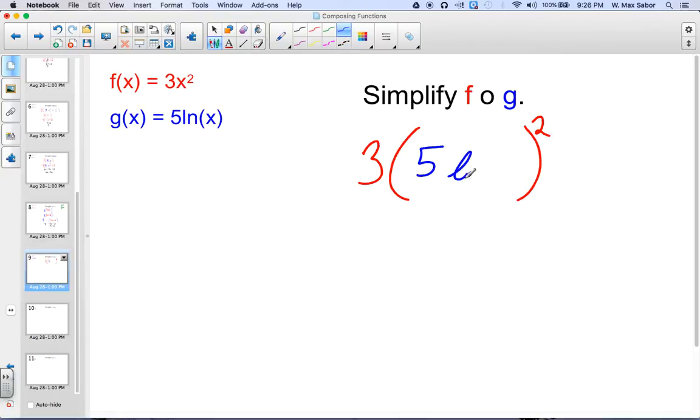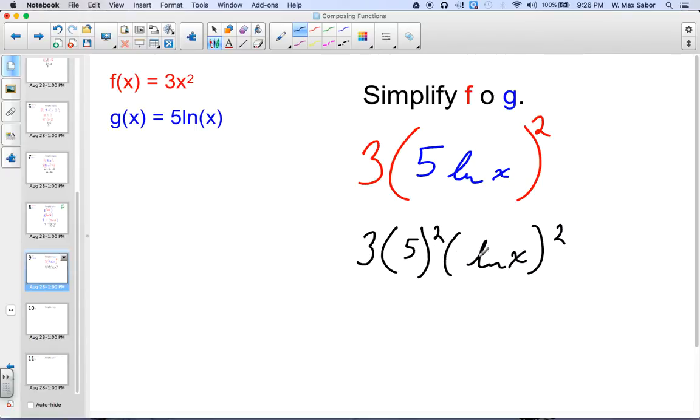So 5 times the natural log of x goes there. We have been asked to square this, so this becomes 3 times 5 squared plus natural log of x squared. This all becomes 75 times natural log of x squared, and this cannot be simplified any further.